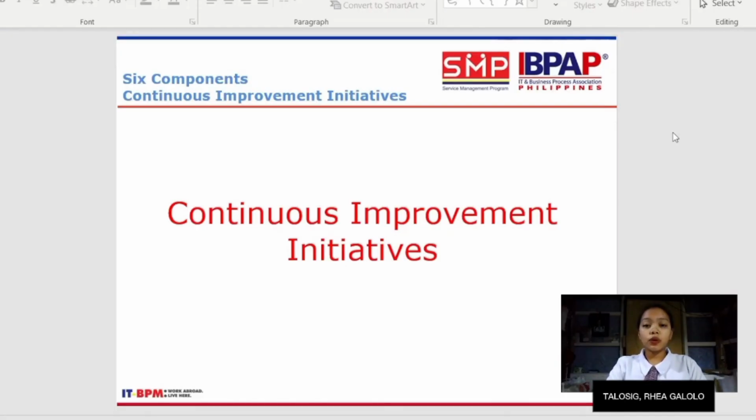The sixth component, or the last component, is the continuous improvement initiative.